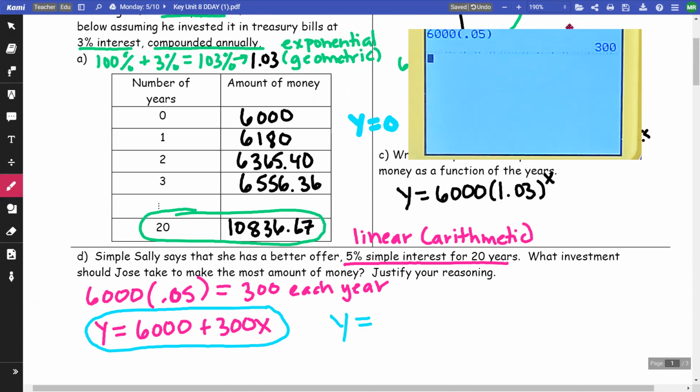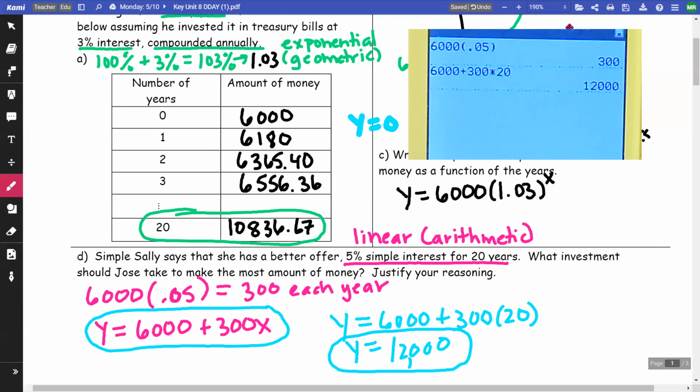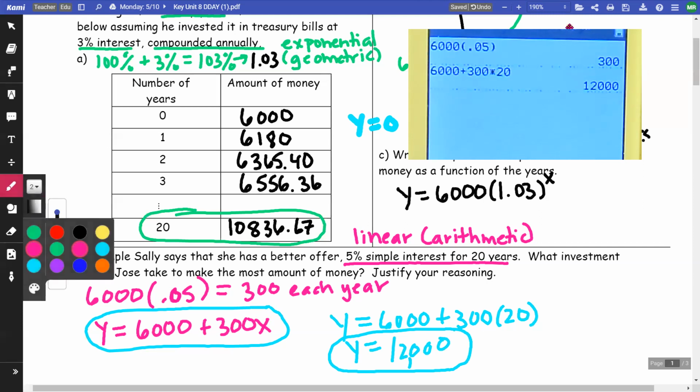I am going to have 6,000 plus 300 times 20. When I put that into my calculator, I get $12,000. So you'll notice this one, that's simple interest, really grows slower over time, but I am starting with a higher percent. In 20 years, it is going to be more.